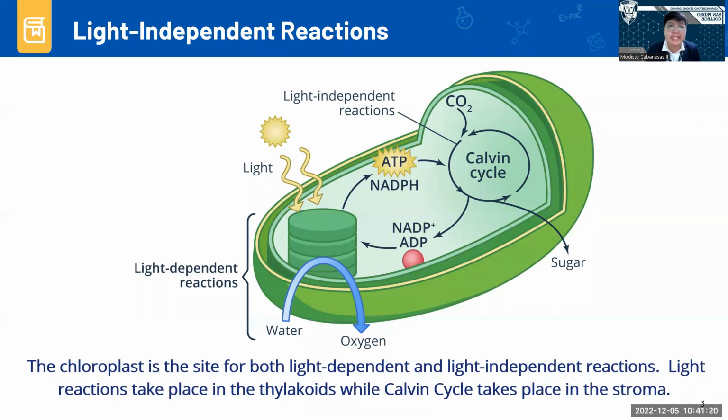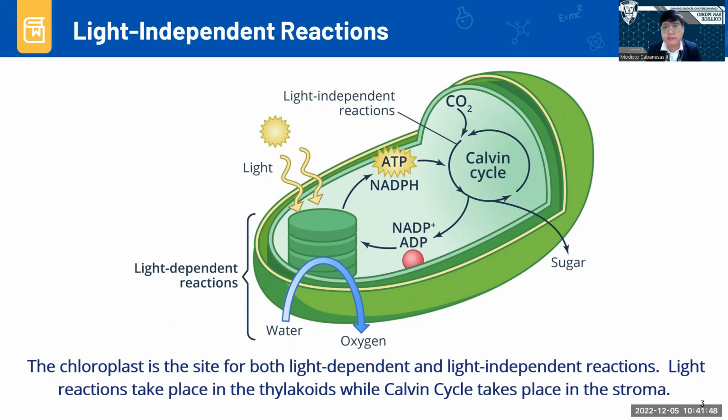Yung ating light-independent reaction ngayon, it will happen sa stroma of the chloroplast. Sa stroma, doon nangyayari yung process of the Calvin cycle. Okay? So please do not forget about that. Again, light-dependent happens in the thylakoid membrane, while the light-independent happens in the stroma.